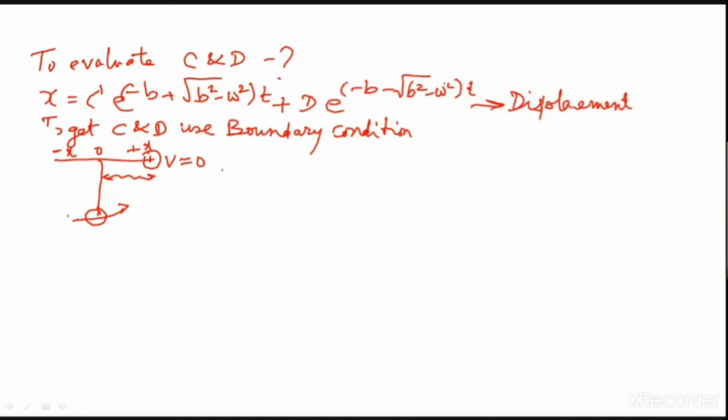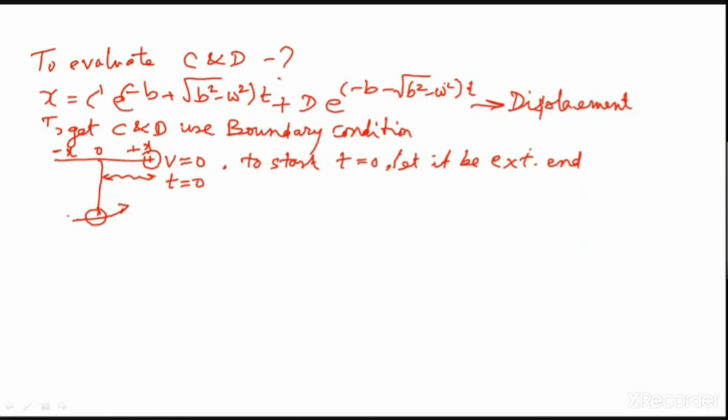Now, to start with, time is 0. Let it be at the extreme. You start from the extreme. So you pull this and hold here. So v is 0 certainly, and t is 0. When you leave the bob of this pendulum, it starts swinging.